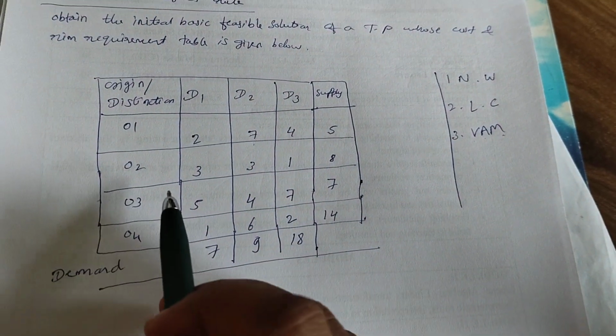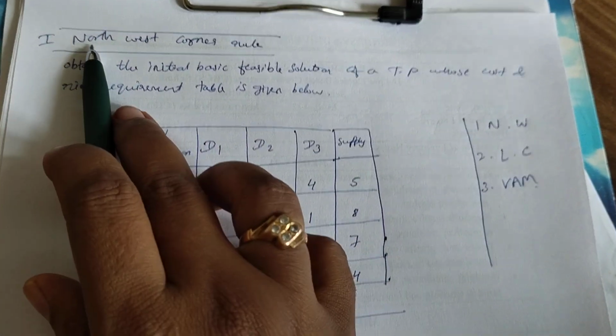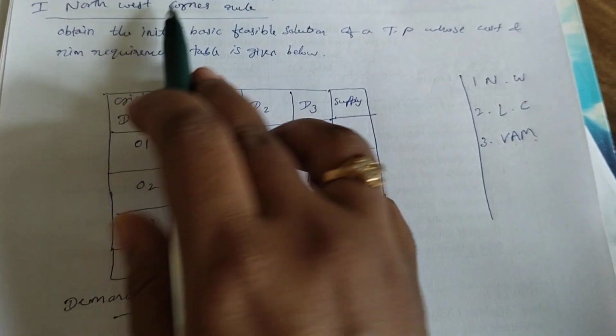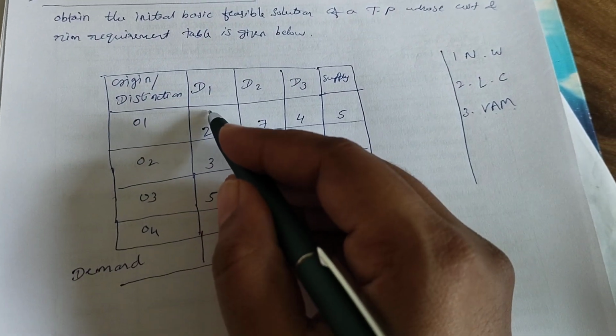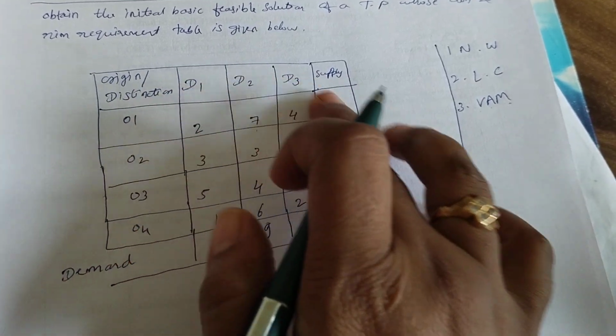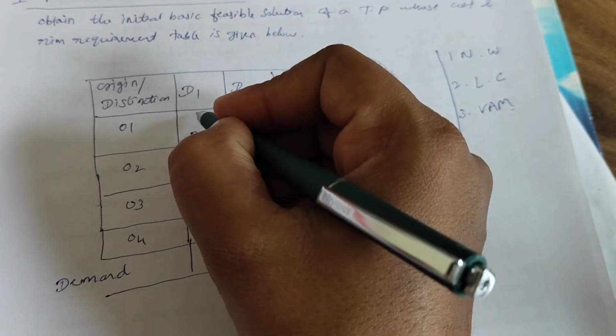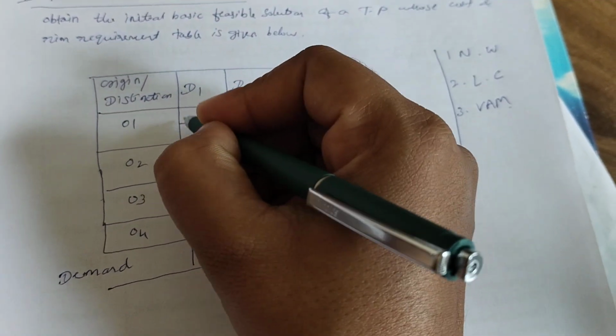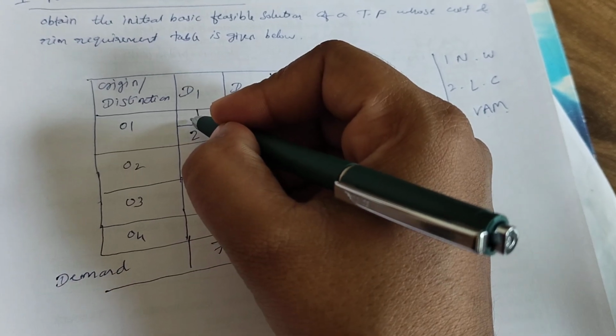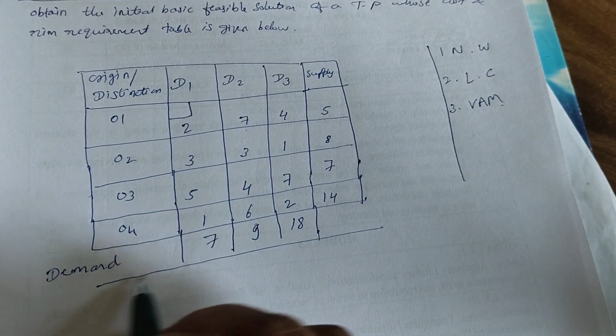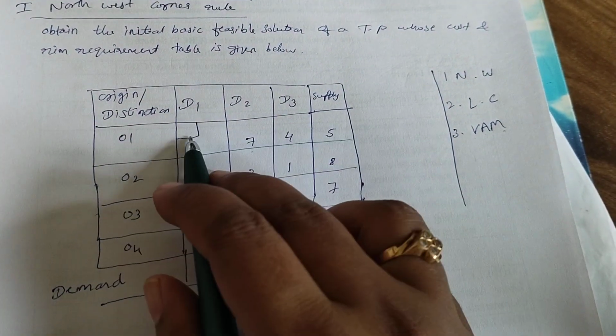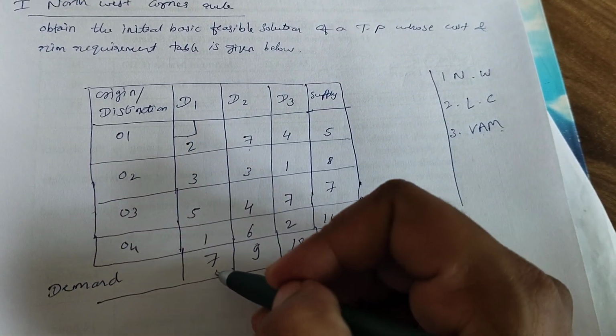So the first step, since we are studying the northwest corner rule, is to start with the northwest corner of this table. Here the northwest is the first corner. For this, you have to allocate a value. Here the demand is 7 and the supply is 5. Compared to supply, the demand is more.